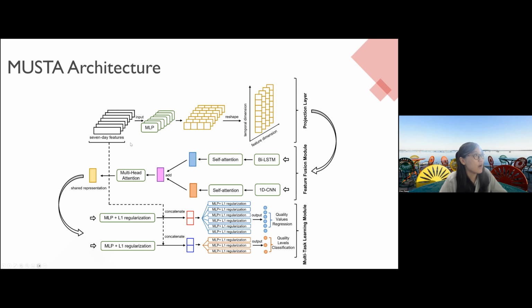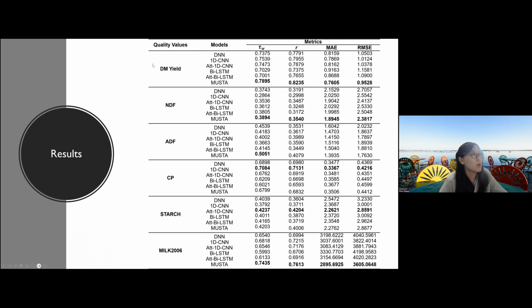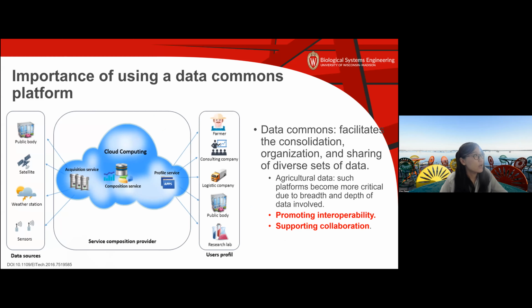So this is our proposed deep learning model framework. And then we compare our model for different quality value predictions with other deep learning models. The last one is our model. And in most cases, our model performed the best. This is our preliminary results. We are still fine-tuning our method to see if it can be improved.